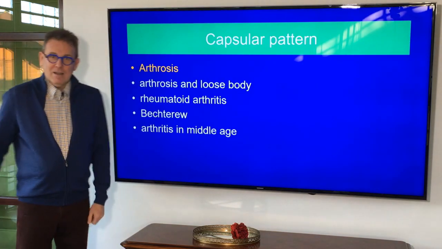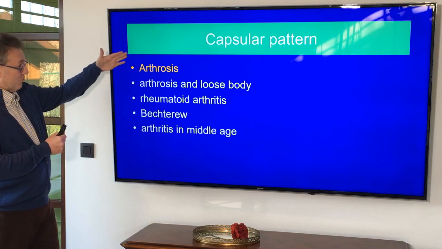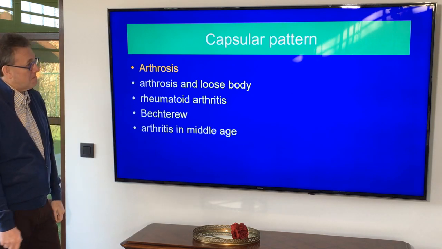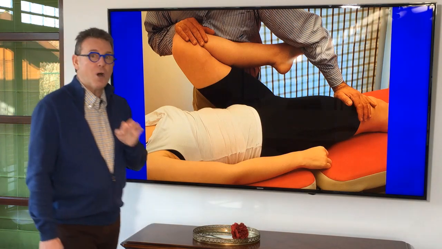Okay, let's imagine there is a capsular pattern, so we think of arthrosis and some other options. If the arthrosis is not too advanced, what do I mean by that? If it's not too much limitation of movement with a bony hard end feel.